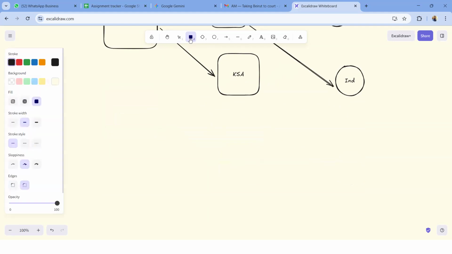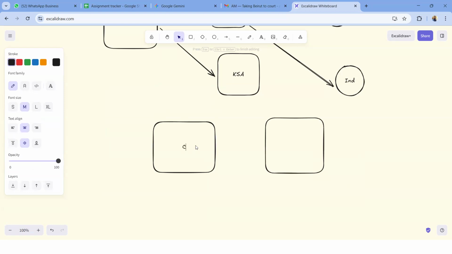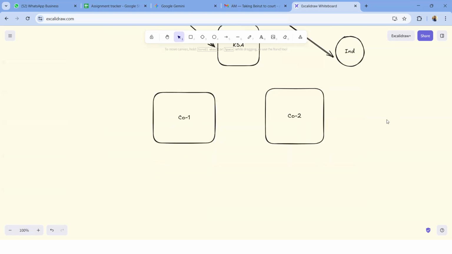Let's say there is company one and company two. These are separate legal entities. Company one is a separate LLC, company two is a separate one. But let's say they do something like a hotel business, a hypothetical example.